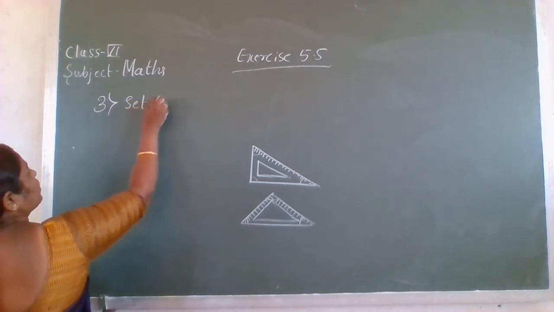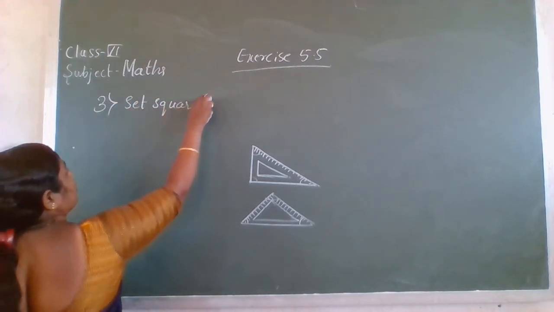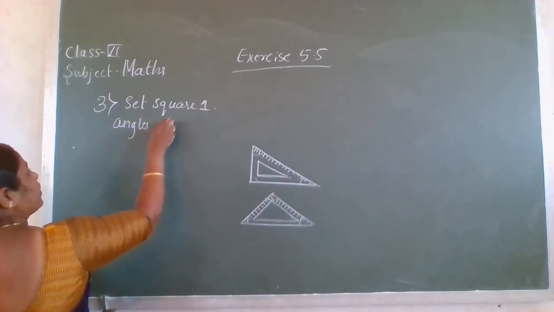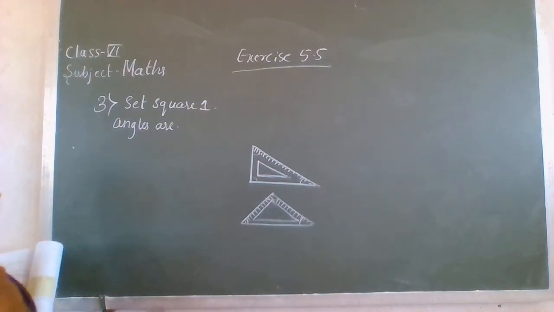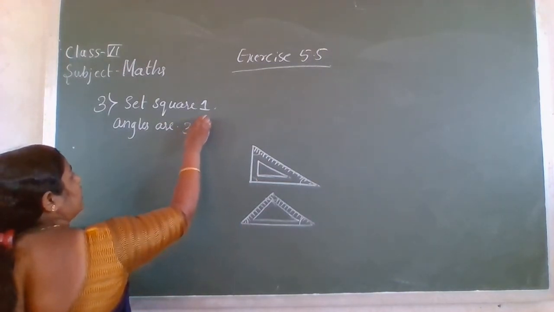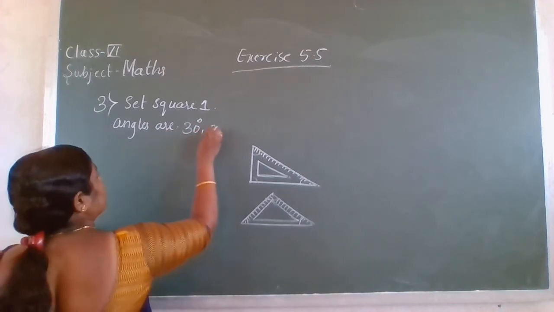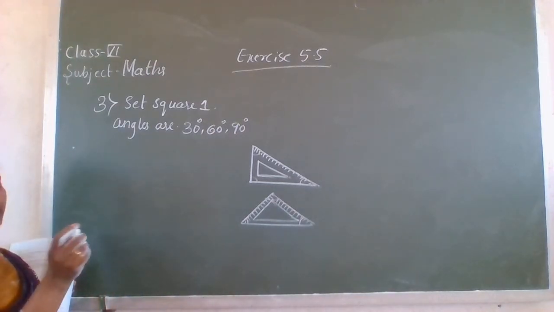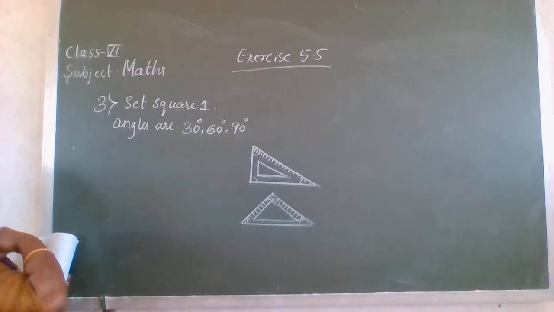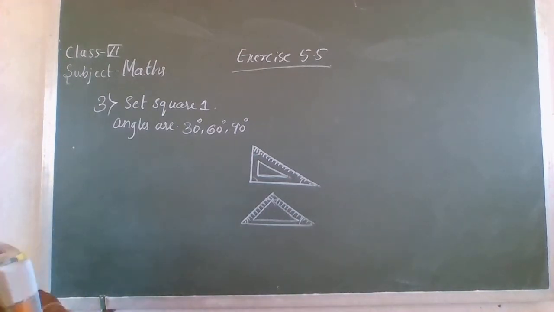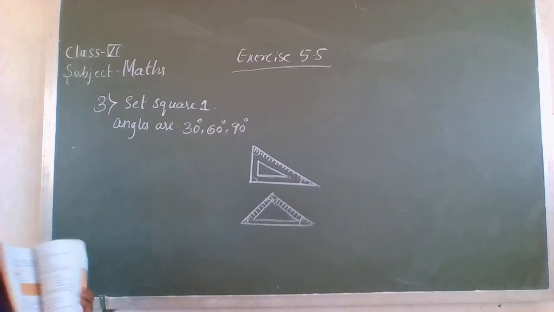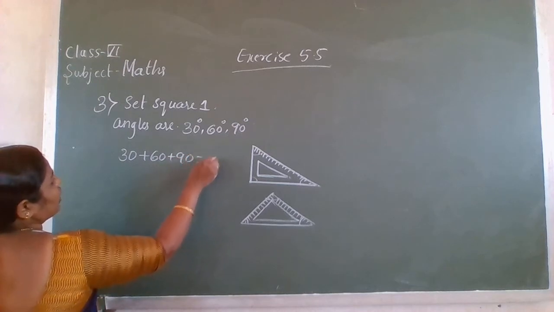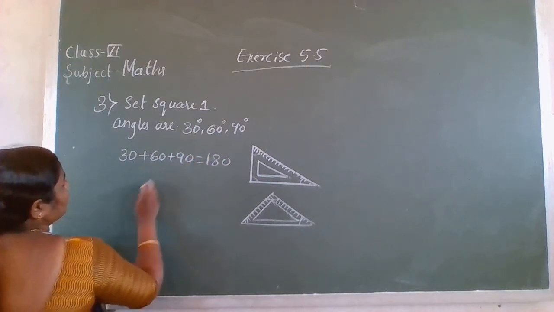Set square one has angles 30 degrees, 60 degrees and 90 degrees. You can observe, if you have set squares in your geometry box, take a protractor and measure the angles. One set square is 30, 60, 90, altogether 180.